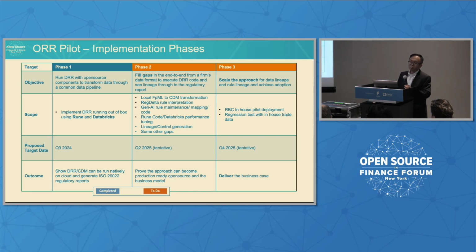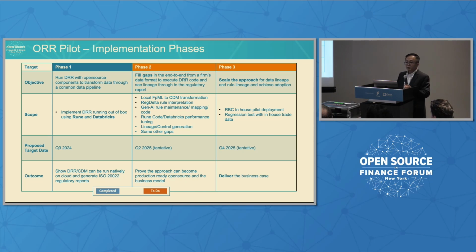All right, back to phase 1. The scope for phase 1 basically just focuses on this Rune and Databricks integration. Over the past few weeks, the Regnosis team has been working very hard with Databricks on this integration effort.